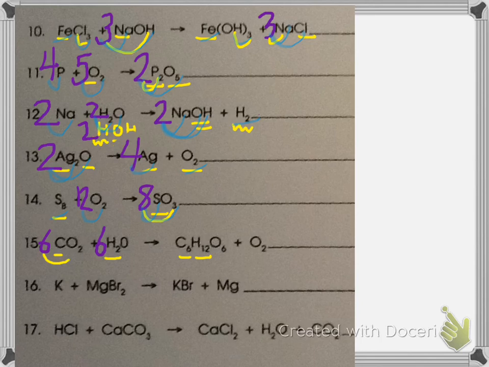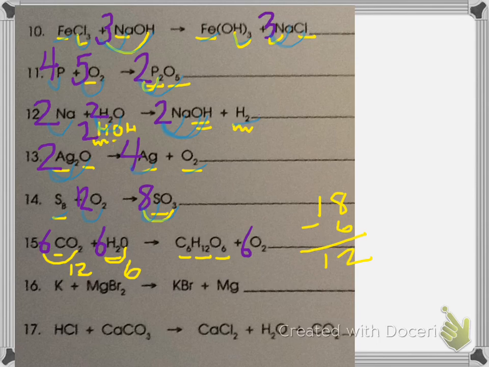I have 6 times 2, which is 12, plus 6 is 18 total. So here I have 6, and if I take my 18 and subtract my 6, that leaves me needing 12. Somehow I need to get O2 to be 12, which I can do with a coefficient of 6.